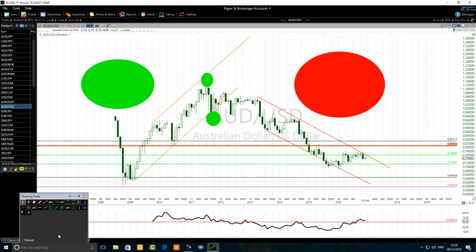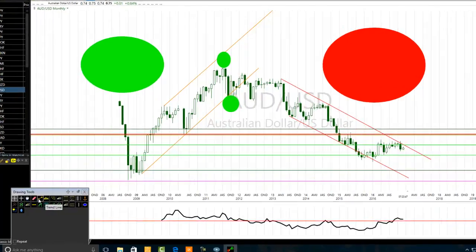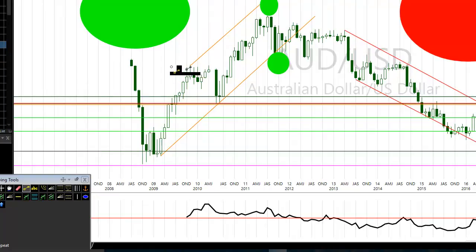Another way is to have the price break above a resistance. Here you see there was a resistance. Price breaks above this resistance and tries to retest it here. So breaks above, retest. That's one scenario when the RSI is above 50.